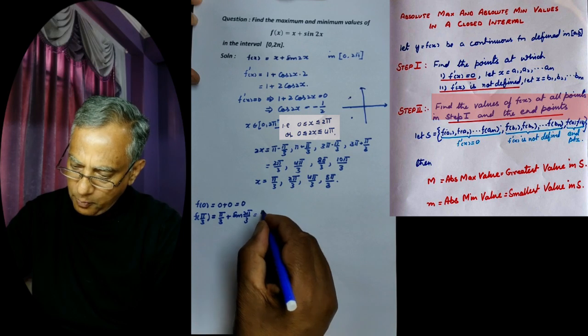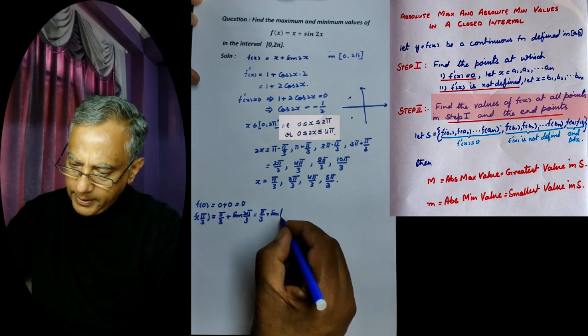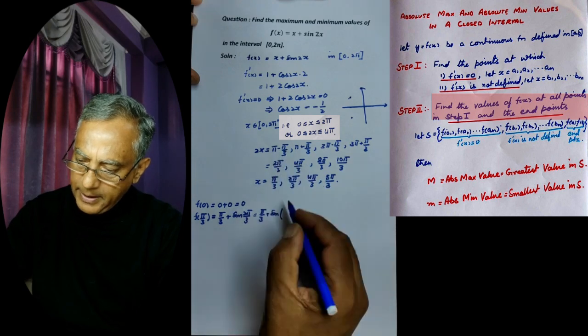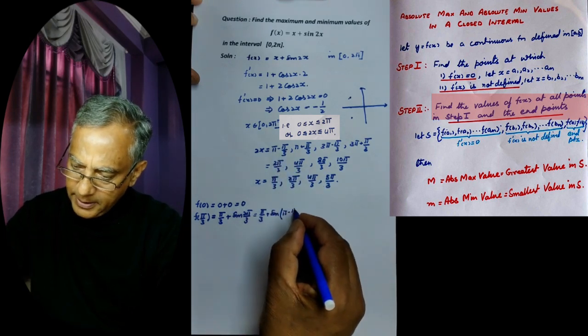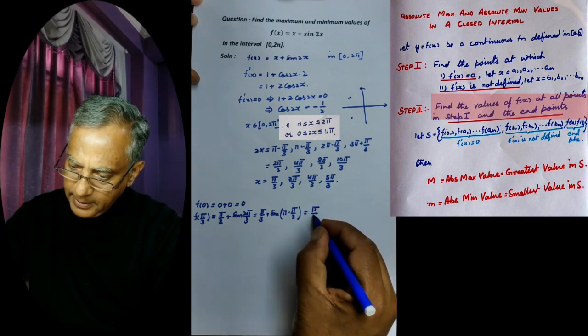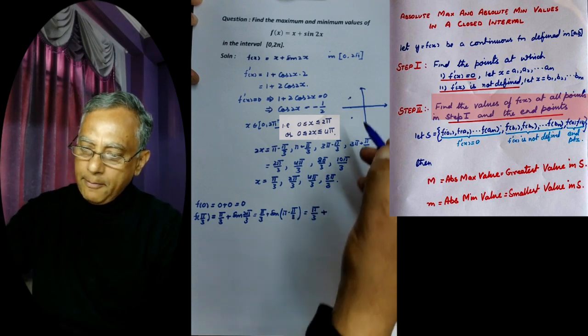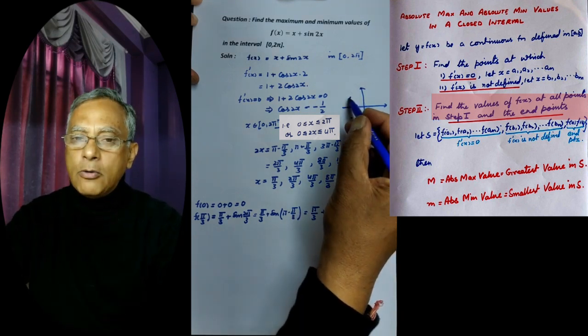And 2 pi by 3 is pi minus pi by 3. So this is equal to pi by 3 plus sine of pi minus pi by 3. Pi minus pi by 3 is in the second quadrant. In the second quadrant, sine is positive.